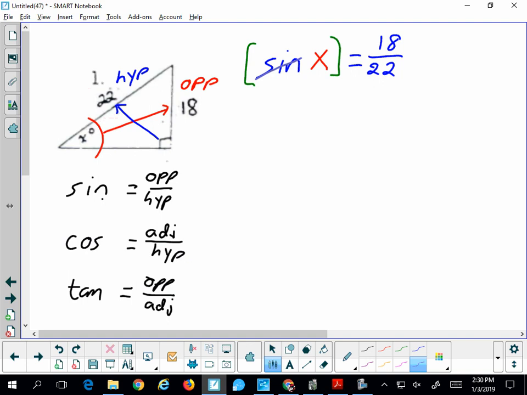So I'm just going to slide this over to give me a little more room to work. The way I cancel out sine is I use something called the inverse sine. Being the inverse, those two are opposites of each other, which means they cancel each other out.